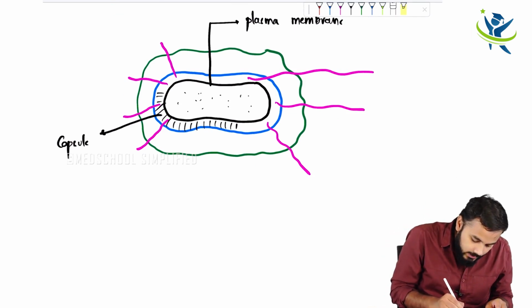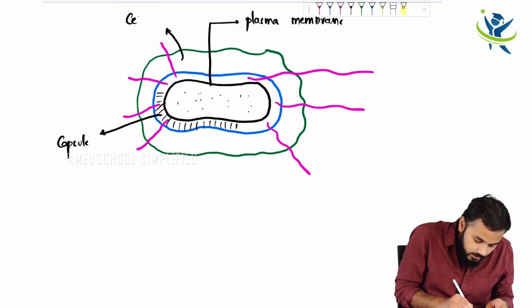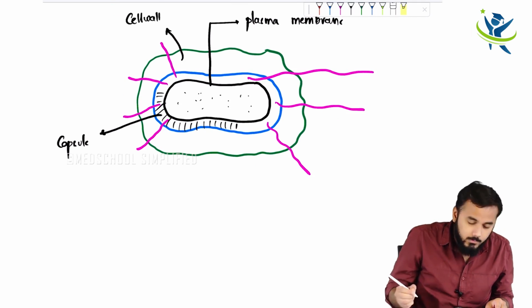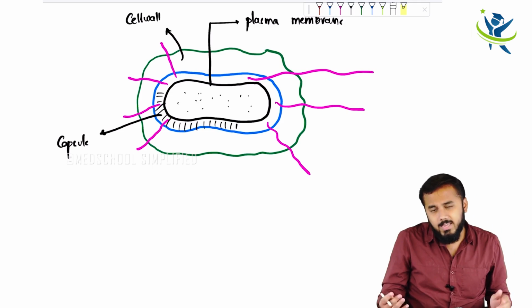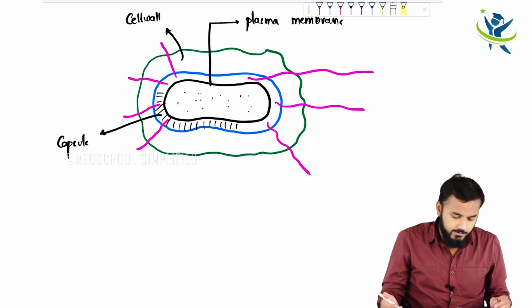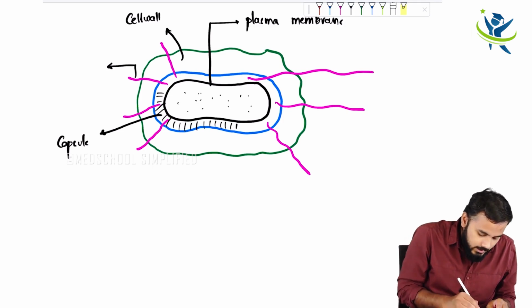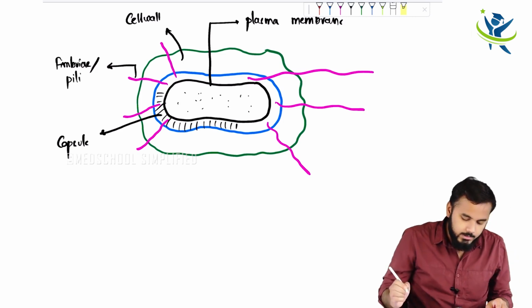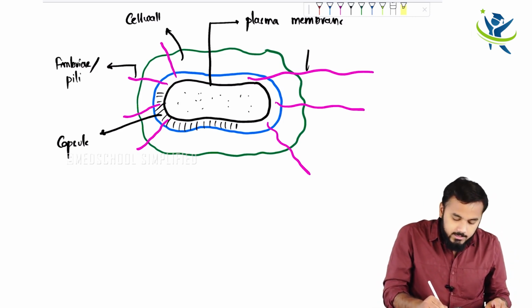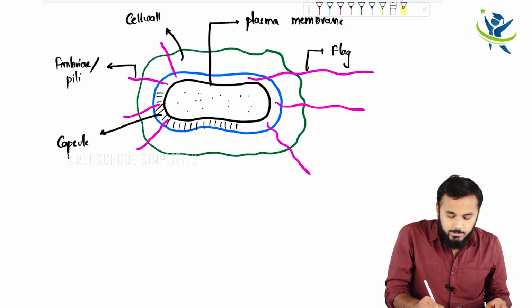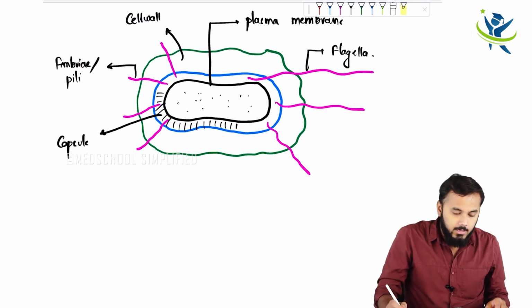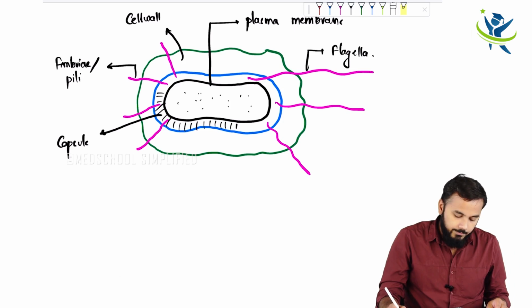And next, this part is called your cell wall, right? Some organisms have a cell wall, some organisms do not have a cell wall. In the same way, these pink things which you can see here are fimbriae. Fimbriae are also called pili. And finally, these are called flagella. We shall be discussing each and everything right now.